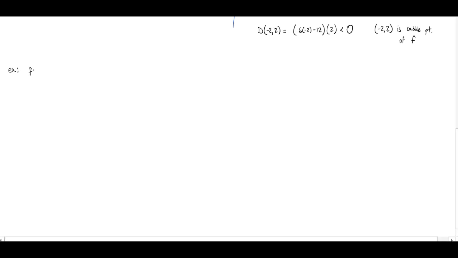So my function f of x, y is going to be y to the 4th plus y squared x plus x squared plus 3x. So same instructions, find critical points, and then classify them as being a local max, local min, or a saddle.